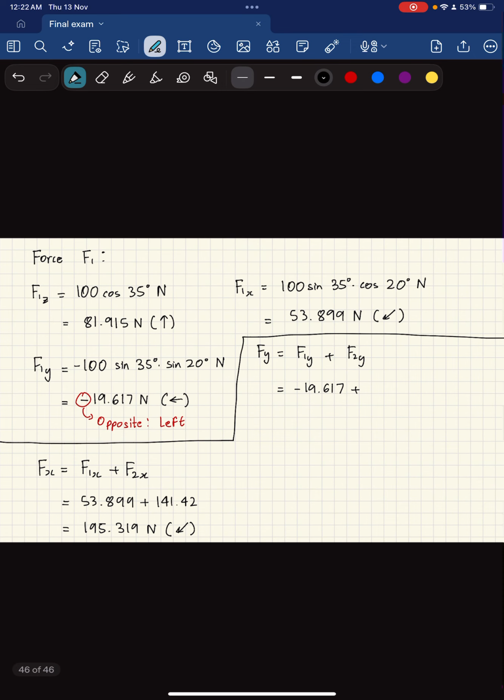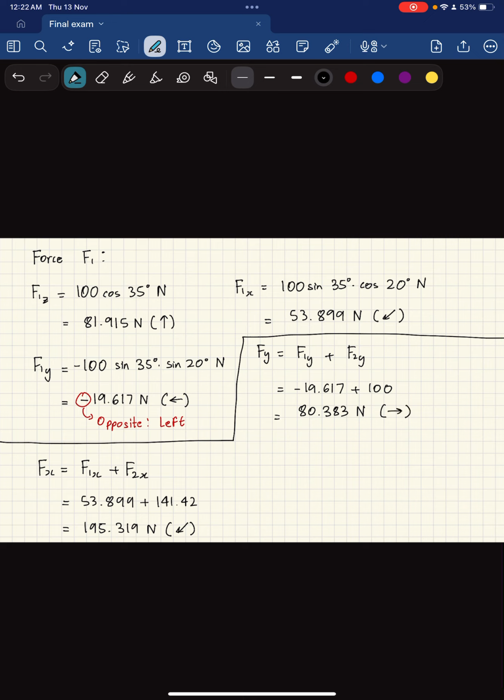How much would that be? Negative 19.617 plus 100 would be 80.383 Newtons. Since it's positive, we know that it's going in the positive y direction.